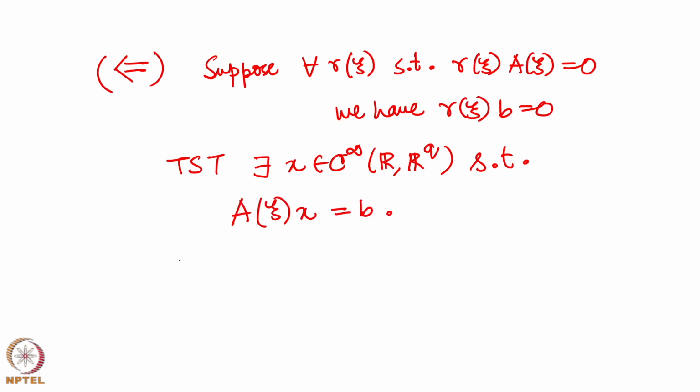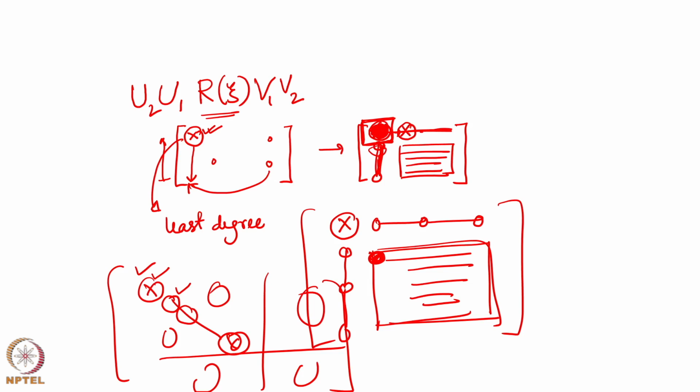Now, given this A(ξ), we obtain its Smith canonical form. So we write A(ξ) as U(ξ)... By the way, I did not finish this part. What we did, as the algorithm was, a series of unimodular matrices acting on R from the left, a series of unimodular matrices acting on the right.